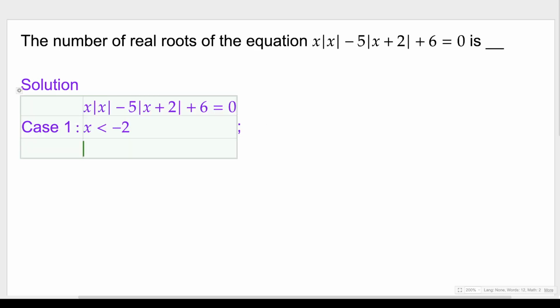Now with this case, this will be x times negative x, that is negative x square, plus 5x plus 10 plus 6, that is equal to 0.